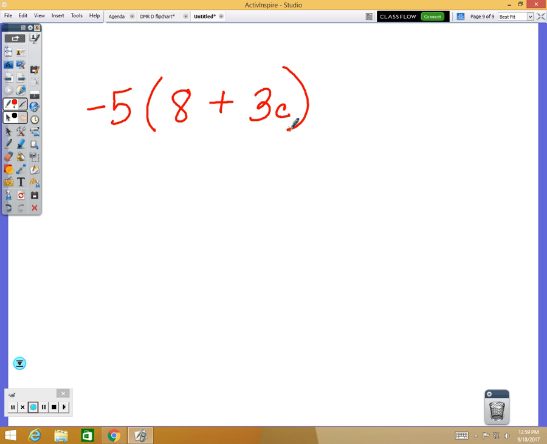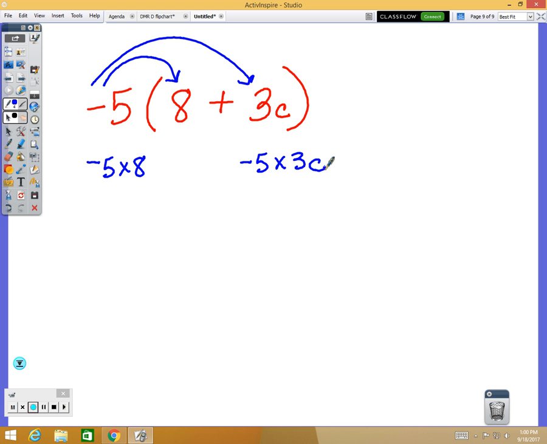So write this problem down. Alright, so -5 times 8, and then -5 times 3c. And in between these two things is that plus sign. So -5 times 8 is -40, right?